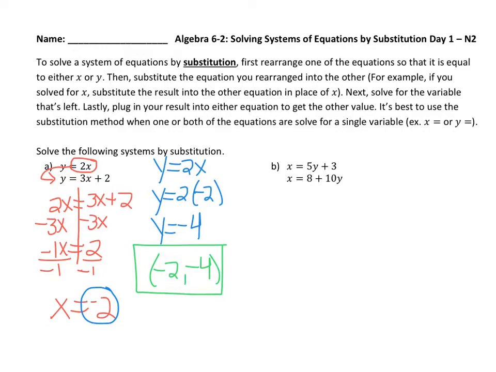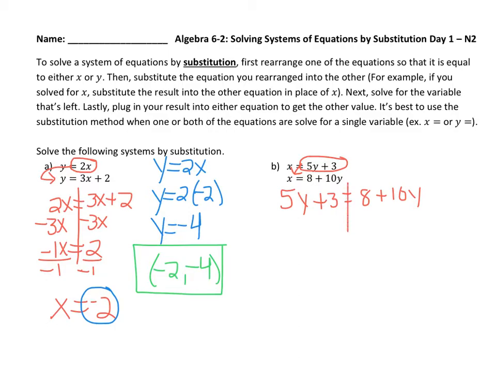Let's take a look at letter B. This time my equations are solved for x. So I'm going to take 5y plus 3 and substitute it for x in the second equation. So instead of x, I will write 5y plus 3 and bring down the remainder of the equation equals 8 plus 10y.